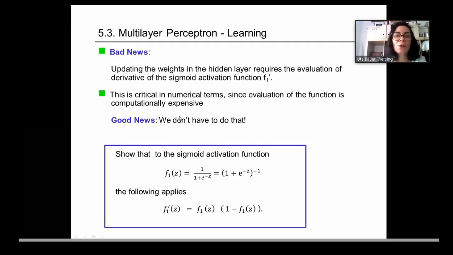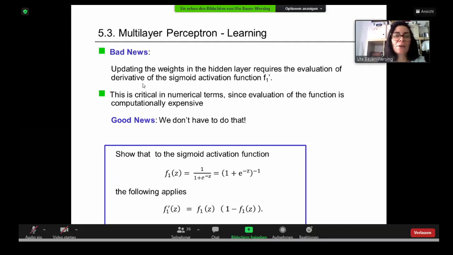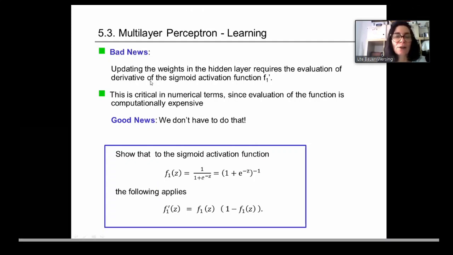Since we have to evaluate the derivative of the sigmoid activation function, this will get numerically expensive. So this is critical in numerical terms, but there is good news. We don't actually have to calculate the derivative.